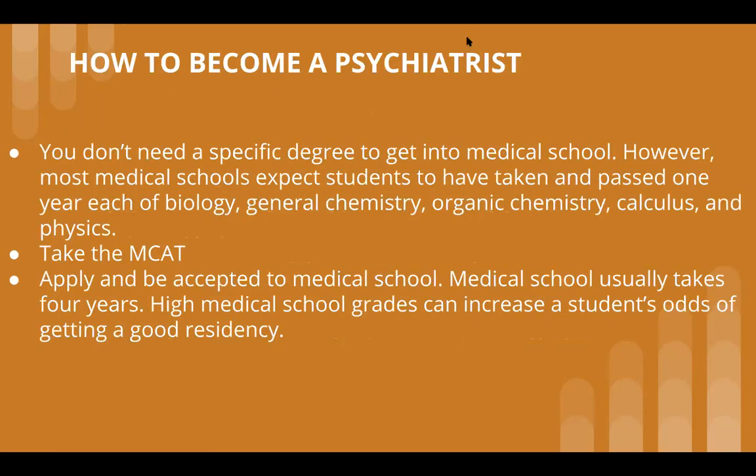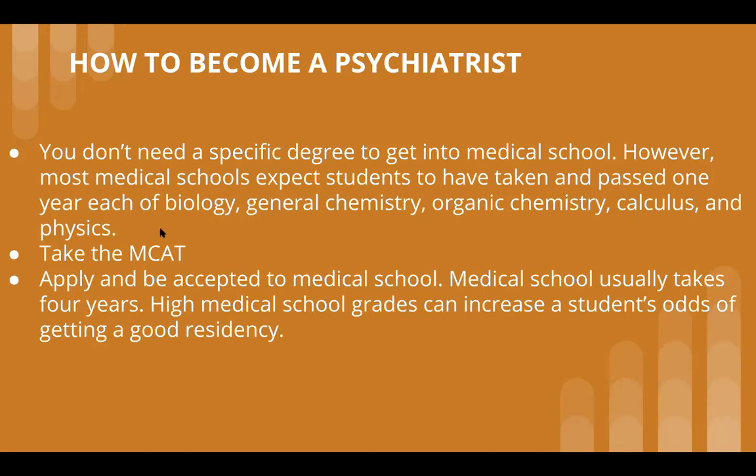And then I had a question on one of the Google forms about how to become a psychiatrist. And so I know I said this is a one-on-one thing, but I want to make a little slide about this process. It's not much different. However, how it goes is, again, you don't need a specific degree to become one, as long as you meet the general requirements, which is usually bio, general chemistry, organic chemistry, calculus, and physics.